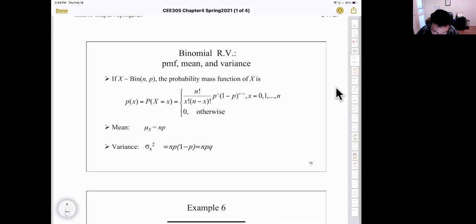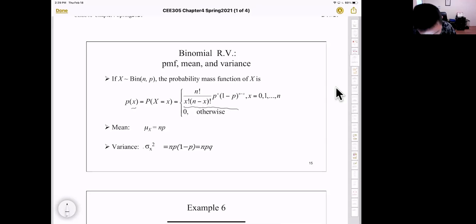The PMF is the factorial of n over the factorial of x times the factorial of n minus x, times p to the power of x times 1 minus p to the power of n minus x. You don't have to know how this equation comes about, but actually, based on the counting method from chapter 2, we can derive it.